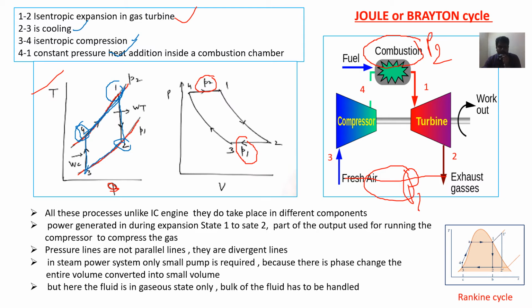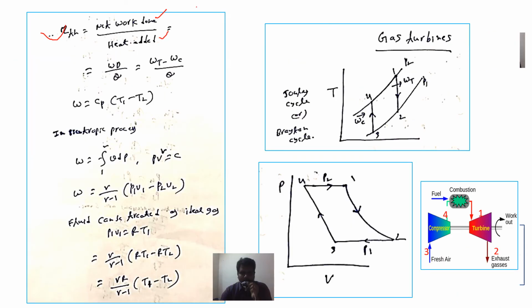Now let us find the thermal efficiency. Thermal efficiency of the gas turbine is net work done divided by heat added. Net work done is work done by the turbine minus work done by the compressor, because to run the compressor we are taking part of the power from the turbine.